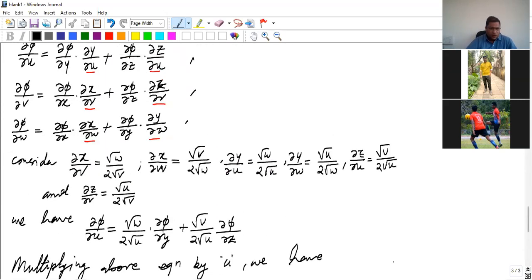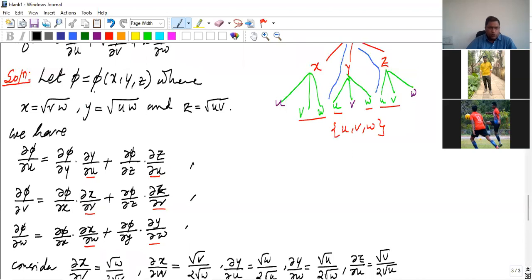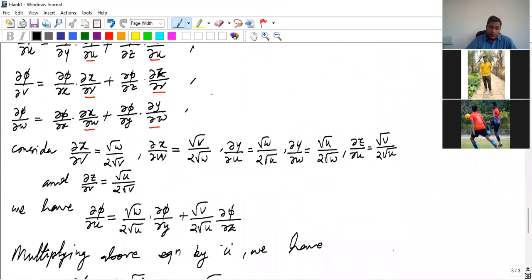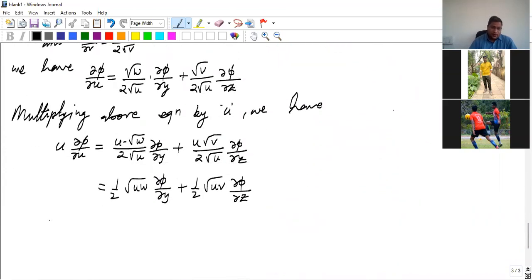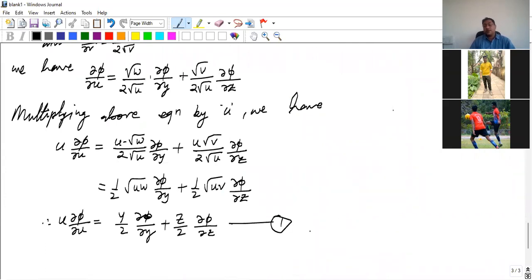But you can see root of uw is going to be y, and root of uv is going to be z. So I can replace these terms and write u ∂φ/∂u is equal to y/2 ∂φ/∂y plus z/2 ∂φ/∂z. Let this be equation 1.